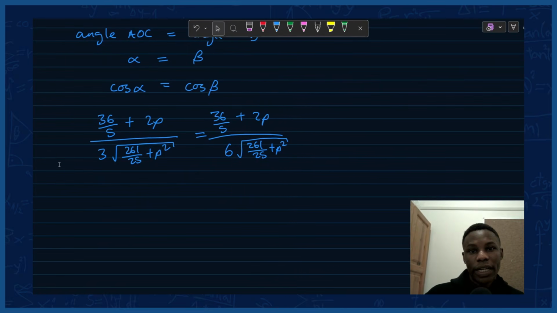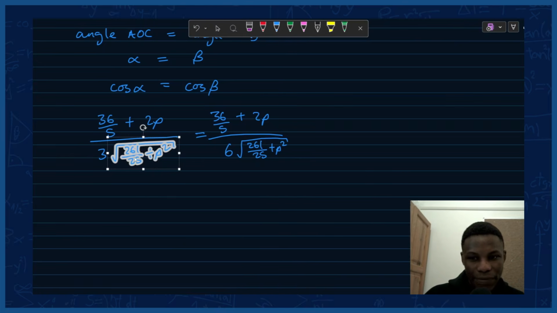And so now we've got an equation for p, and we can solve for p. The first thing I would do, because it looks annoying, is notice that we have the same square root on both sides with the exact same values inside.